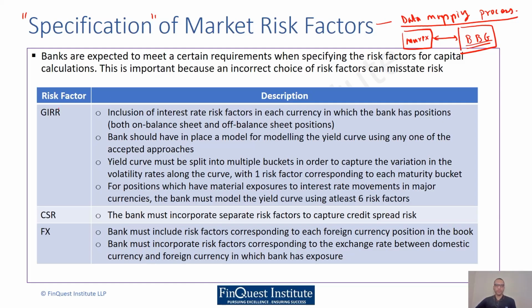So let's start one by one. We have the general interest rate risk first, the GIRR part. It says that there must be inclusion of interest rate risk factors in each currency in which the bank has positions, both on and off balance sheet. Naturally, for example, let's say I have a lot of positions on the MIBOR OIS curve.